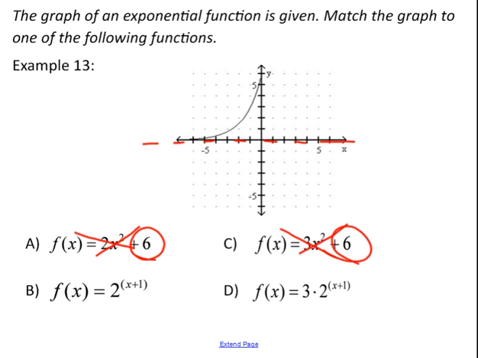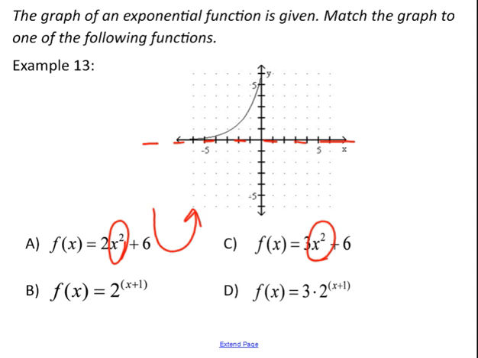We didn't really do that. The other reason why we can cross those out is because this says x squared. X squared, if you recall, the x squared graph is a parabola, which is not what we have here. Okay, so we know it can't be A or C.